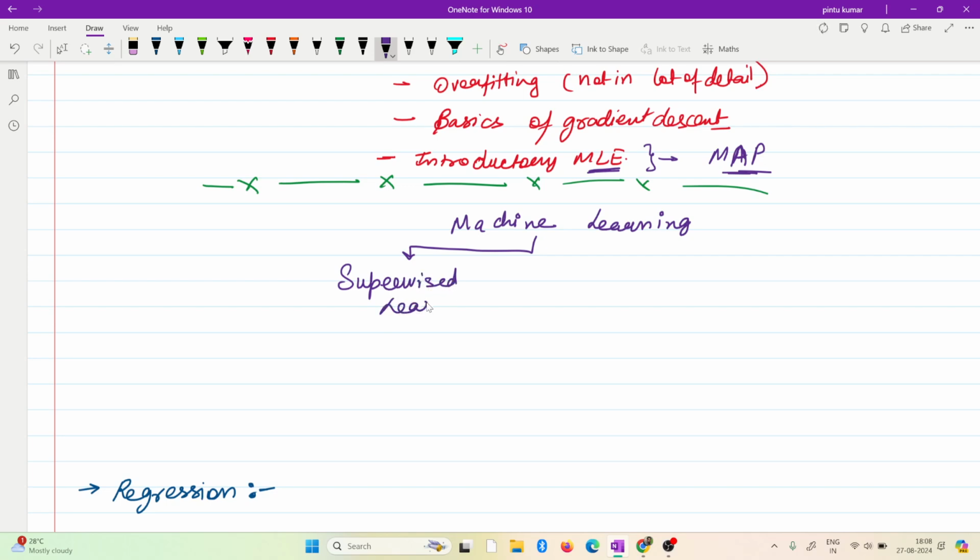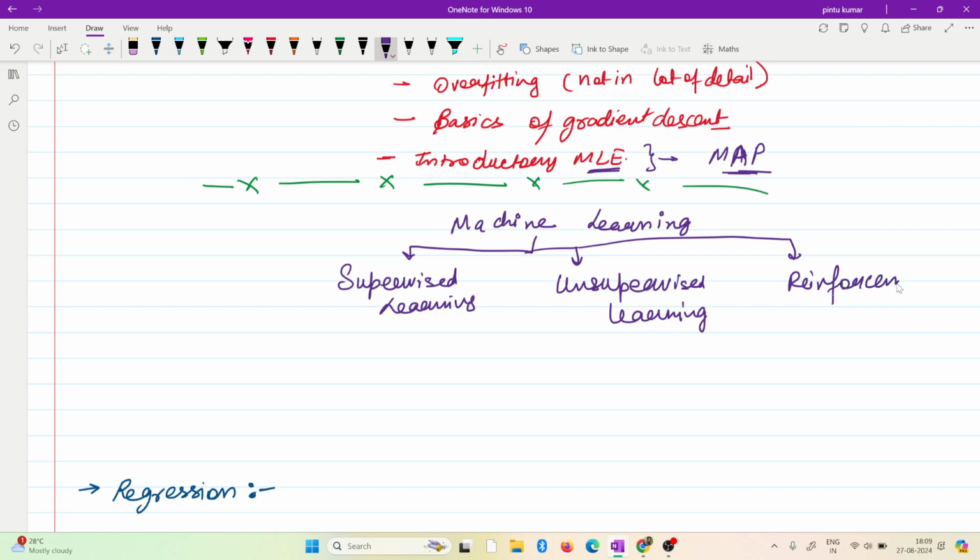The second one is called unsupervised learning. And the third one is called reinforcement learning. I'll try to explain what these are.